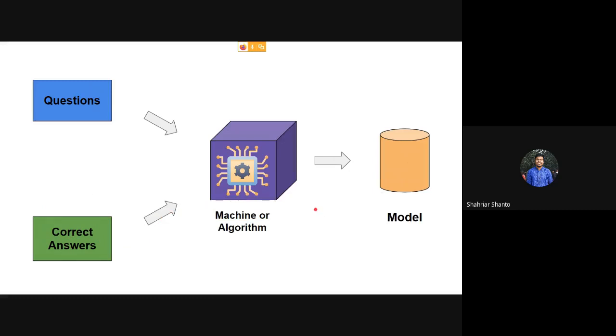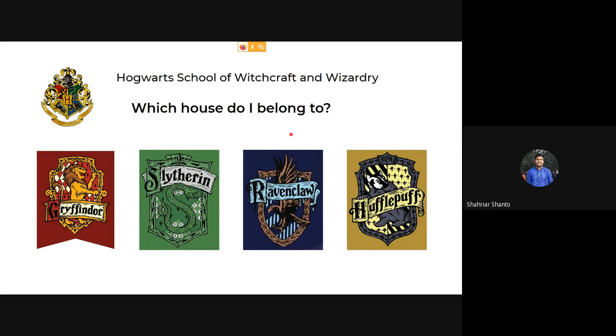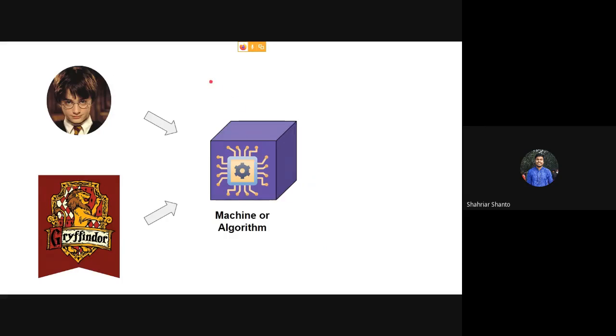Okay, so one example I'd like to give today is this: many of us have, I think, wondered which house we would belong to if we got into Hogwarts School of Witchcraft and Wizardry. There are 4 possible choices here. So what we would have to do is show the machine learning algorithm a set of questions and the correct answers for this problem.